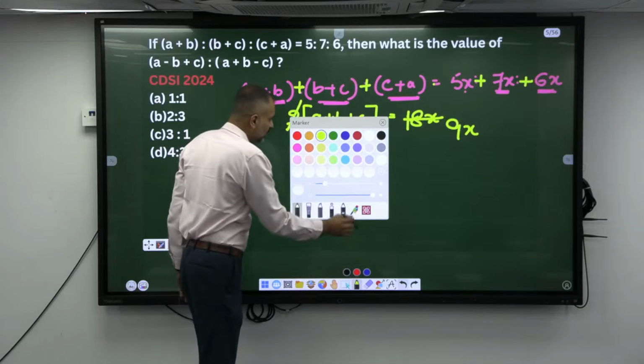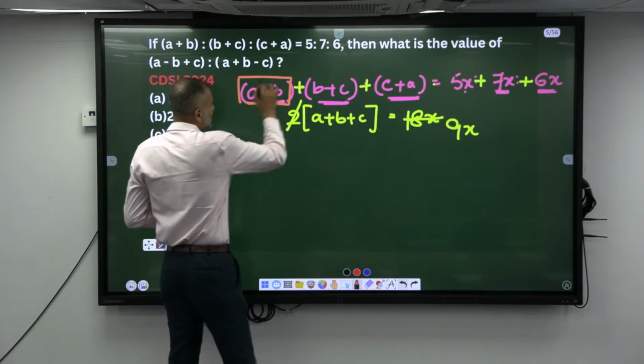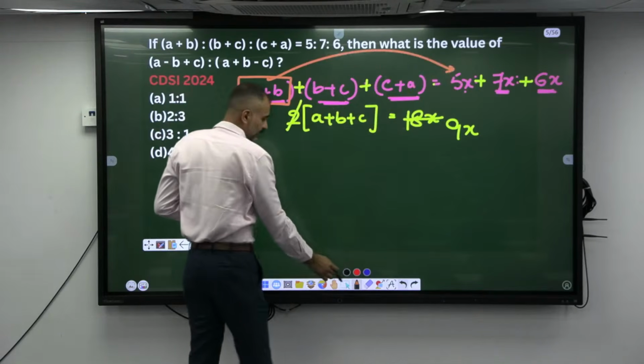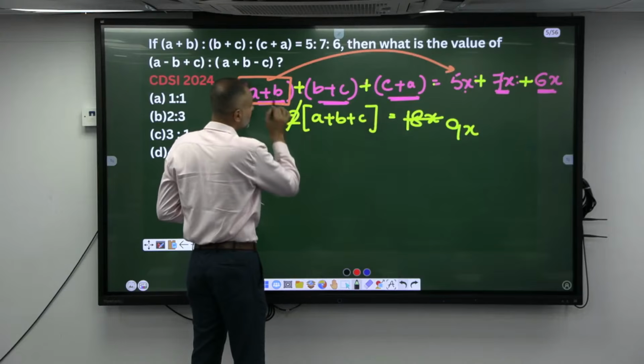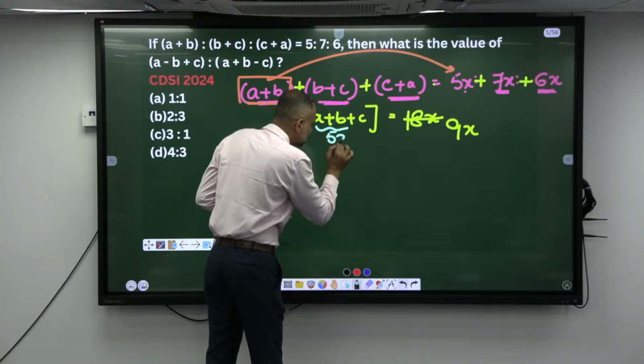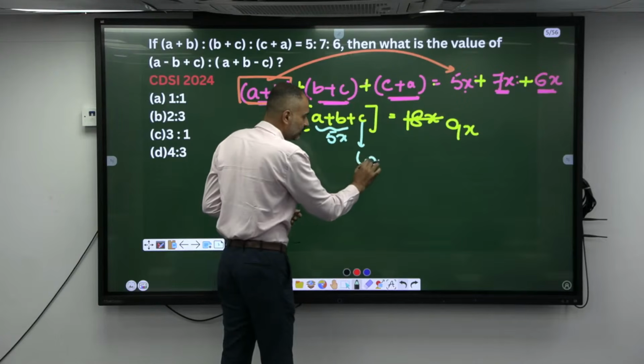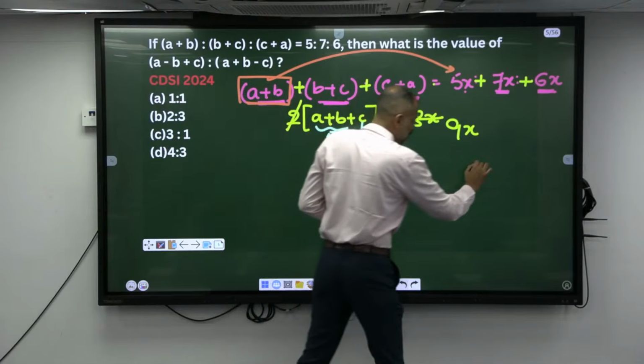Now, A plus B value is equal to how much here? 5x. If A plus B is equal to 5x, C has to be how much to make it 9x? 4x. So C is equal to 4x.